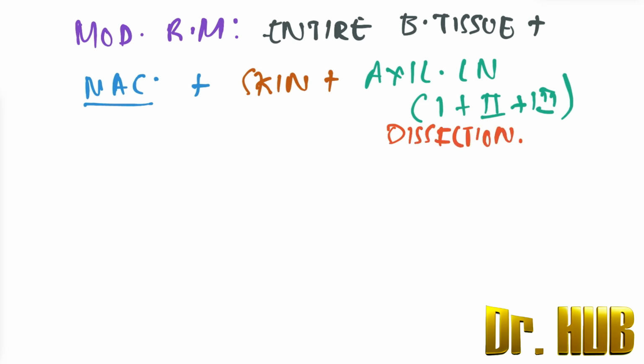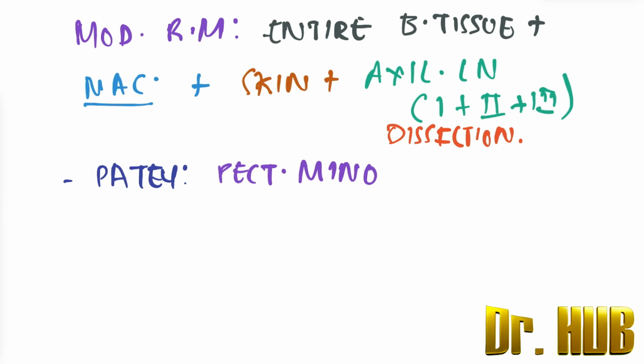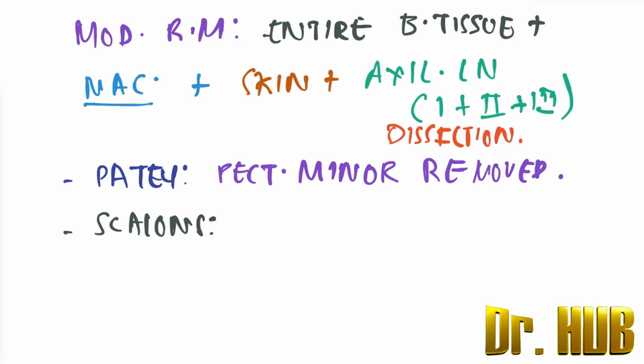There are 3 terms which are very important to know. One is the Patey. Patey means the pectoralis minor is removed. Next is the Scanlon. In the Scanlon, the pectoralis minor is incised.